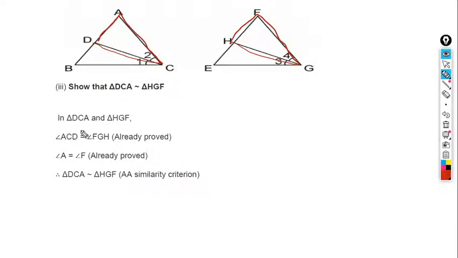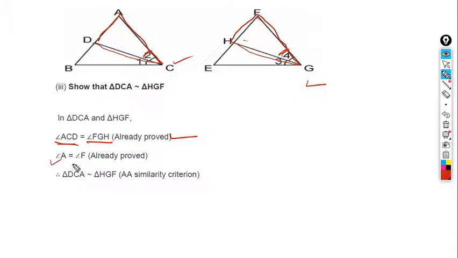In between these two triangles, angle ACD, this angle 2, is equal to angle FGH, angle 4. This is already proved because CD and GH are the angle bisectors, and previously angle C was equal to angle G, so the bisected angles will also be equal.